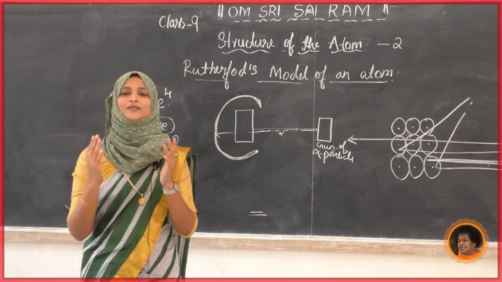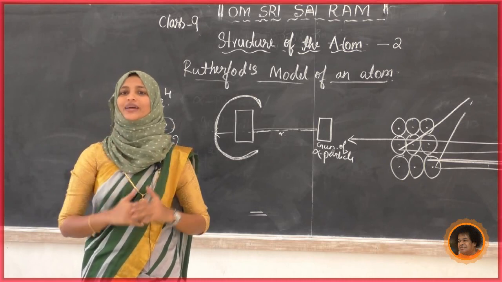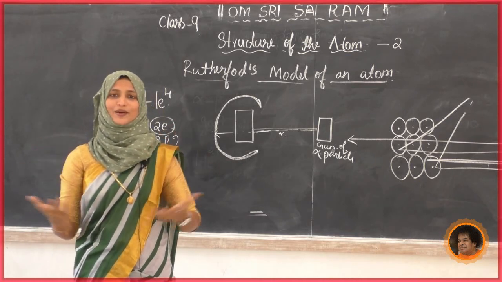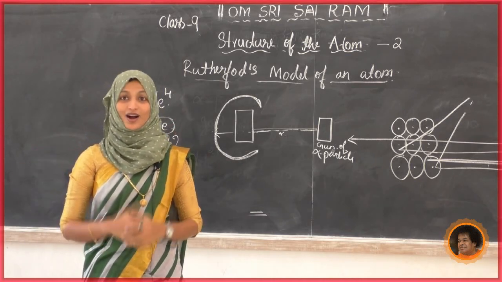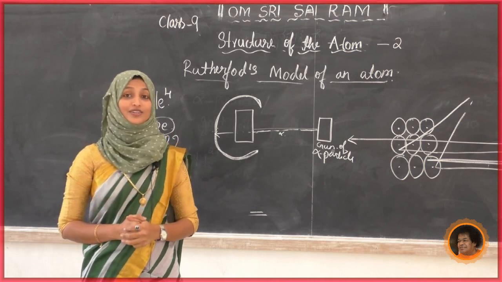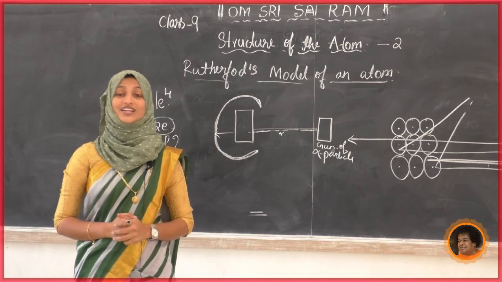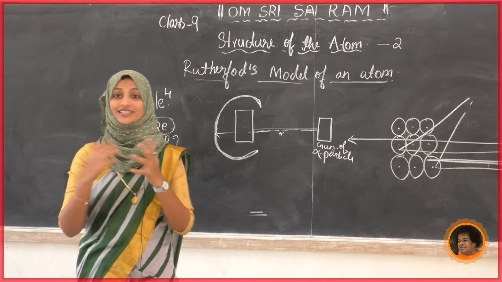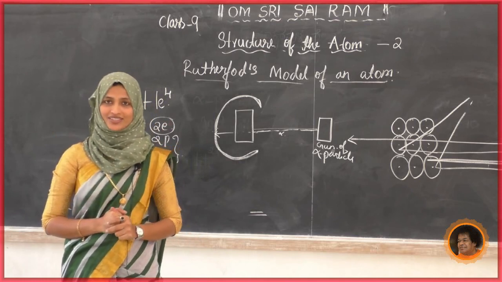That is a great merit of his. How happy he may have been at that time! So he became the father of nuclear physics, and he got a Nobel Prize for these great achievements in chemistry.